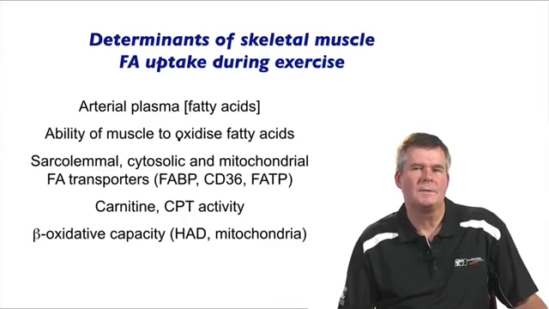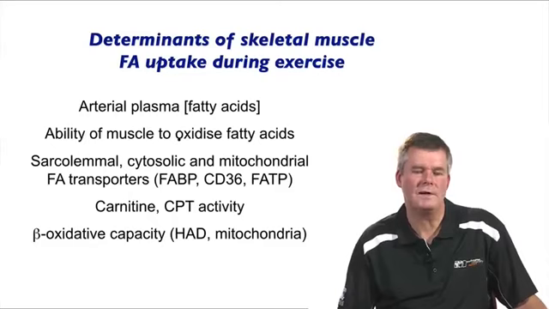And so, the major determinants of skeletal muscle fatty acid uptake then are the plasma level or the arterial concentration of those free fatty acids and the ability of the muscle to take up and oxidize those fatty acids to maintain a diffusion gradient. There are a number of sites where fatty acid transporters are involved. A number of proteins have been identified.